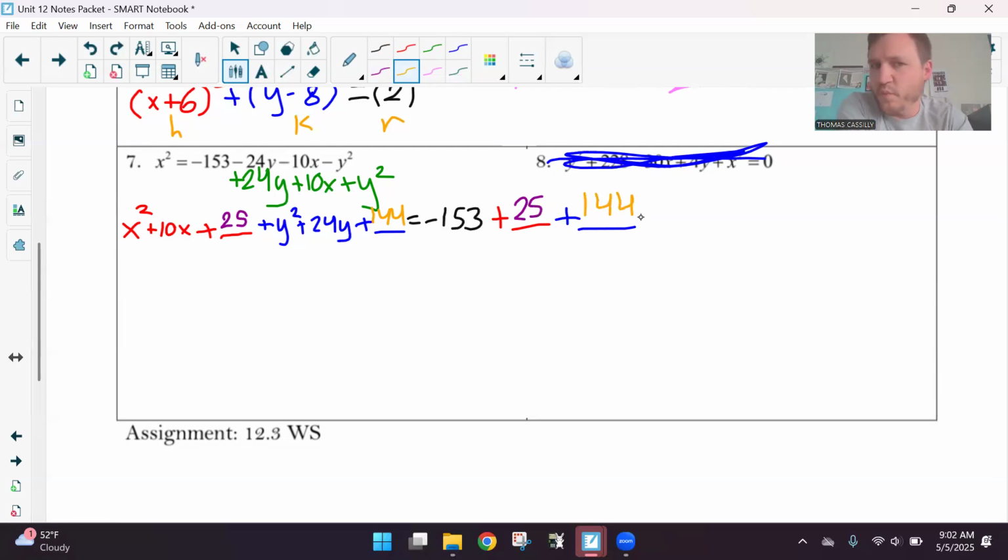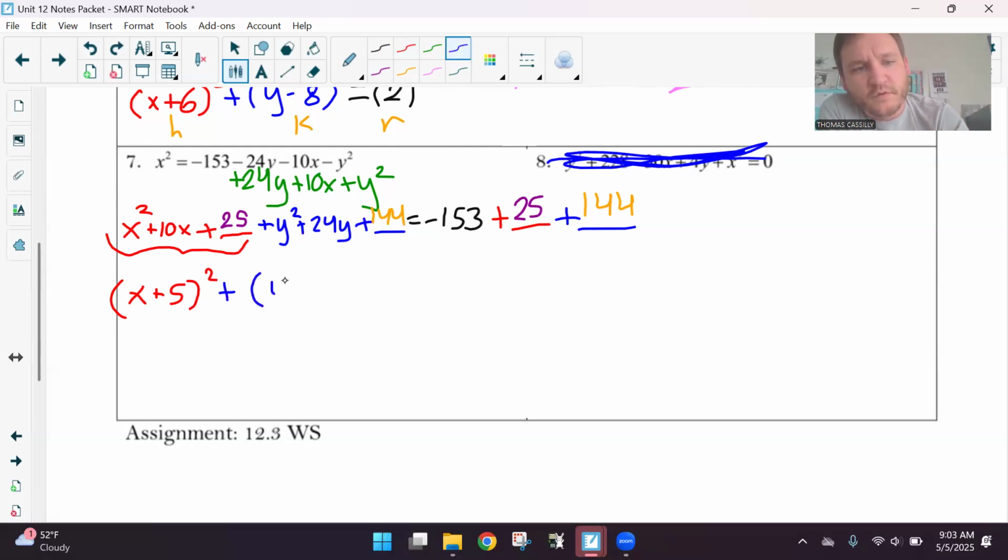All right, so really think about where those numbers came from. And then I'm going to factor everything. So I'm going to factor just the x's right now. All right, so this guy turns into x plus 5 squared plus y plus 12 squared. All right, that all equals the other side.